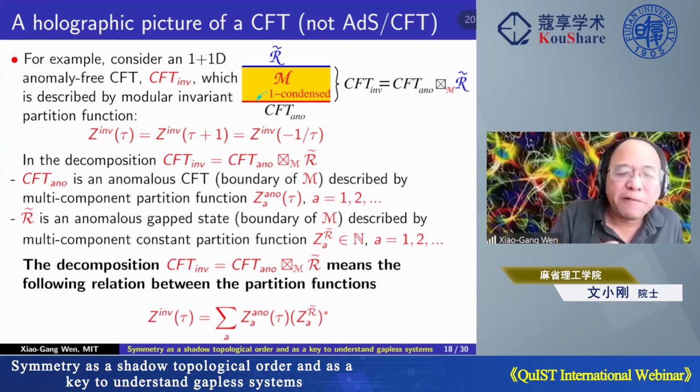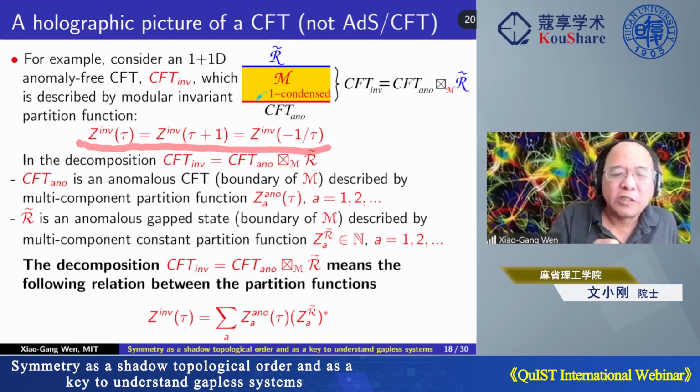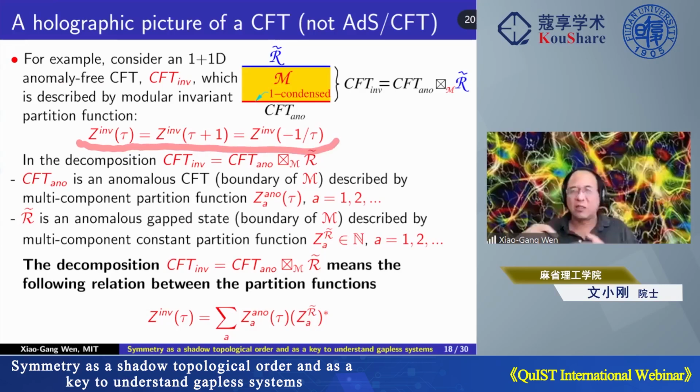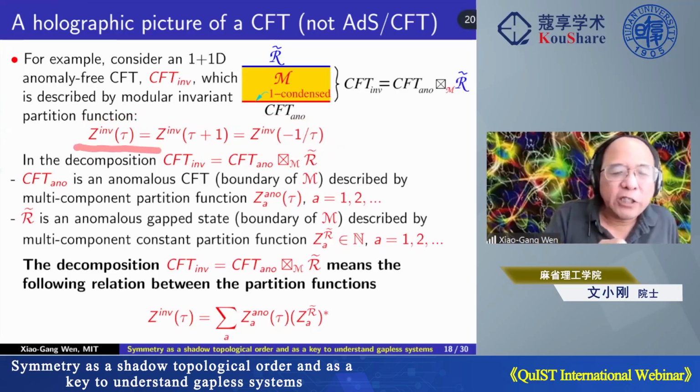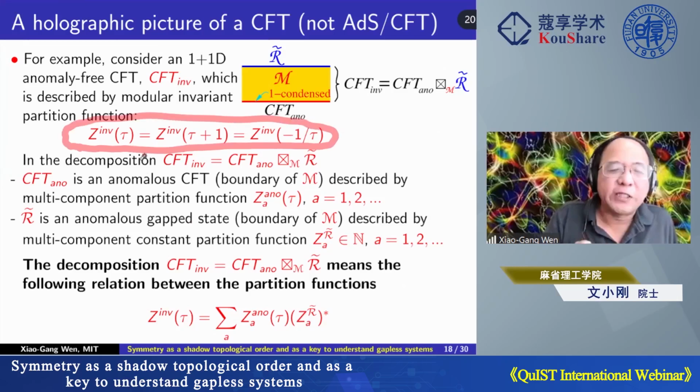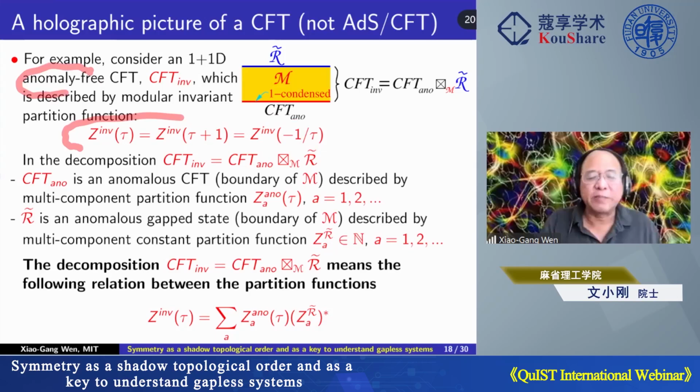The partition function of an anomaly-free CFT has modular invariance, so under the mapping class group transformation it is invariant. This modular invariance is closely related to the anomaly-free condition, or maybe I think they are equivalent.